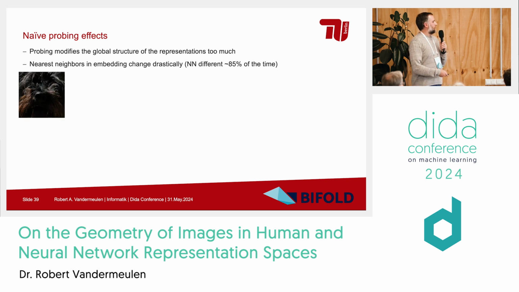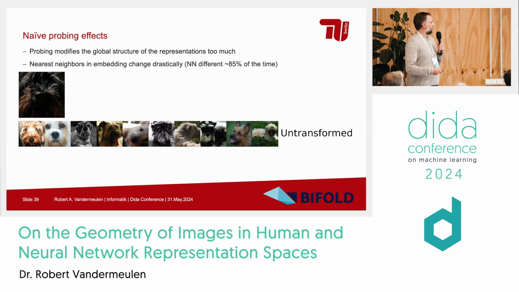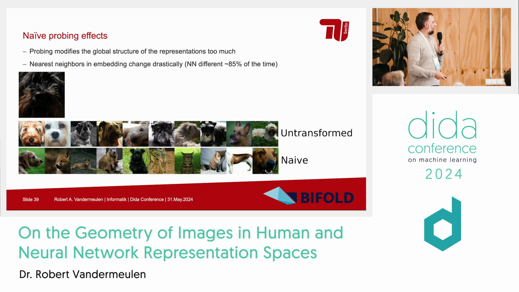So for example, here is an image from ImageNet. It's a dog, kind of hard to tell, a terrier kind of dog. Untransformed, these are the nearest samples where each sample is from a different class. We find the nearest sample, figure out what class that's from, then find the next class that has the closest sample to that first point. And as you can see, it's all dogs and all kind of terrier-like. Here's what happens if we do naive probing. We got a dog, that's good.